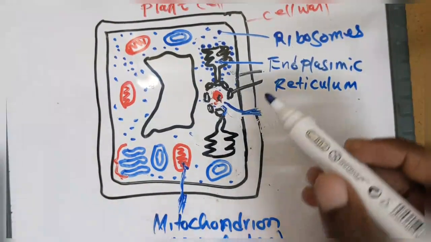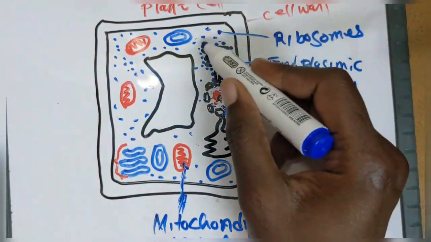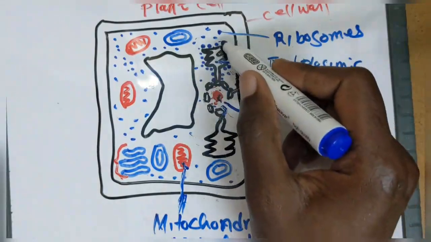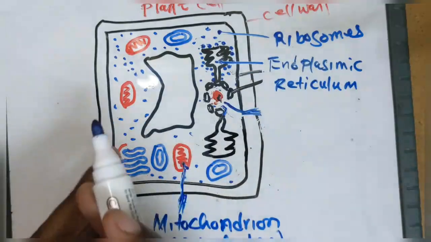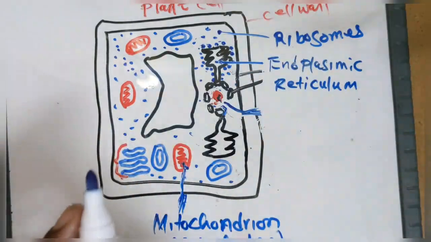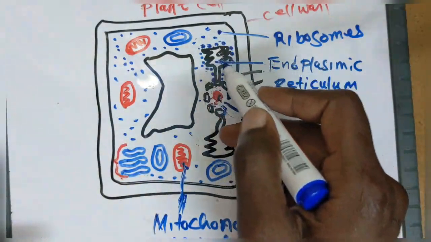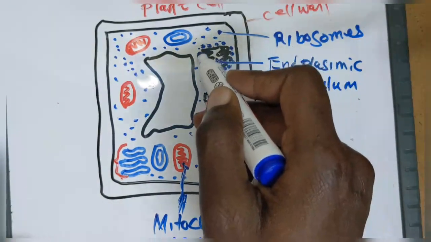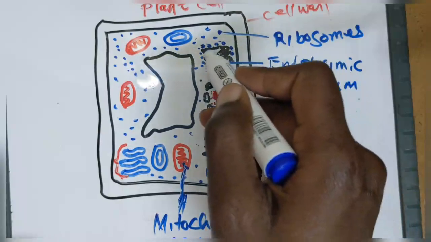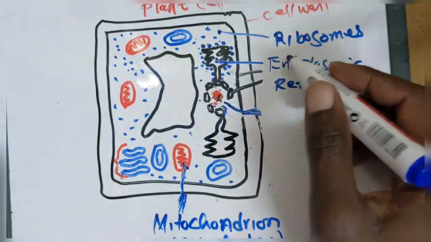In your mind, you should know that these parts contain proteins. When proteins are made, they come to this part, which is called the rough endoplasmic reticulum.